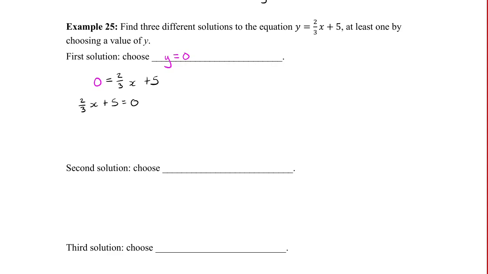All right, next step. We need to get rid of the 5, so we'll subtract 5 on both sides. On the left, we're left with 2/3 x. On the right, we've got -5. And now we need to divide both sides by 2/3. So we'll get x equals -5 divided by 2/3, which I think is a job for the calculator.